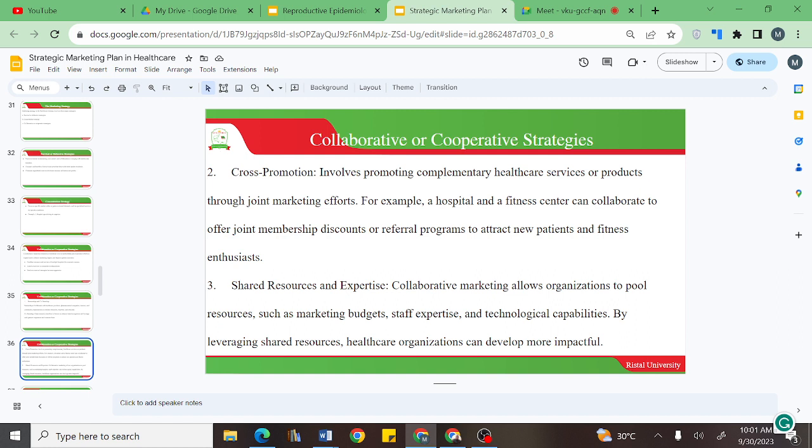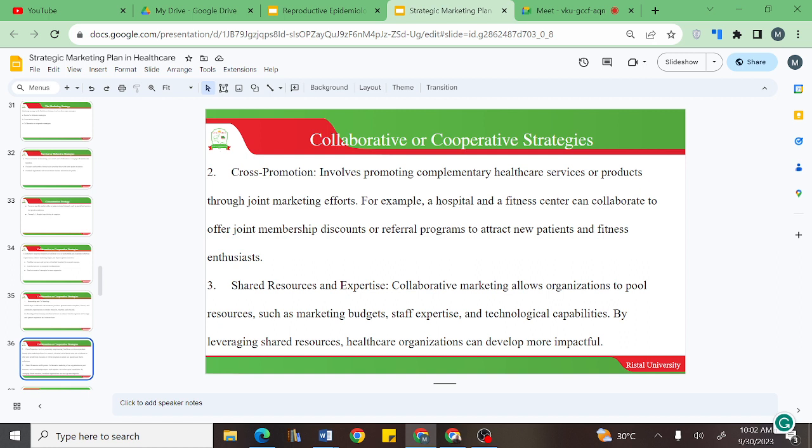So you can run adverts where two healthcare organizations run the same advert, and each derives benefit from that. And then you have shared resources and expertise. This is where you can share resources between two entities or even more.